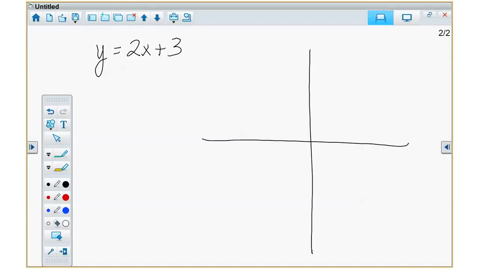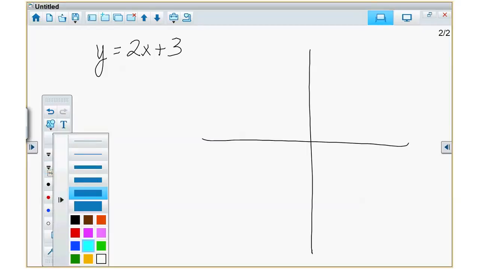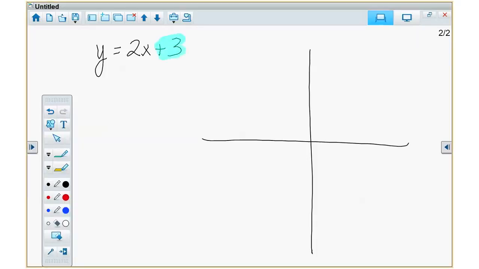Plot the y-intercept. The y-intercept is blue, right? So we're going to take our handy-dandy highlighter, blue. And 0, since it's the y-intercept, it's going to fall where? On the what axis? Right. So 1, oops.